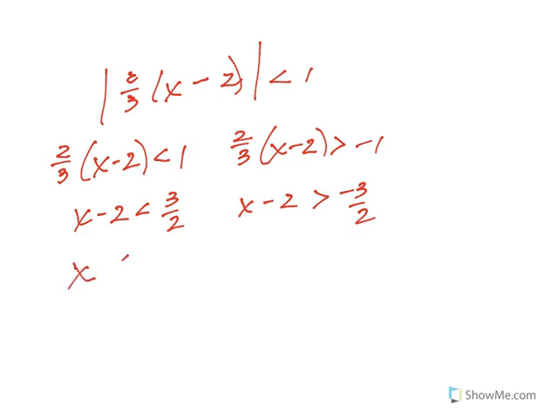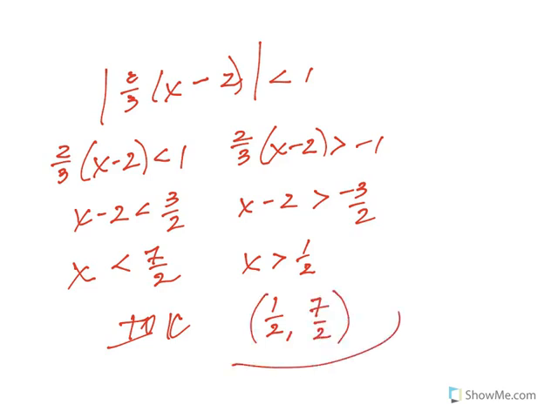And I'm going to add 2 to both sides, so x is less than 7/2. And then I'm going to add 4/2 to this, so x is greater than 1/2, which means my interval of convergence for the power series that I just found goes from 1/2 to 7/2.